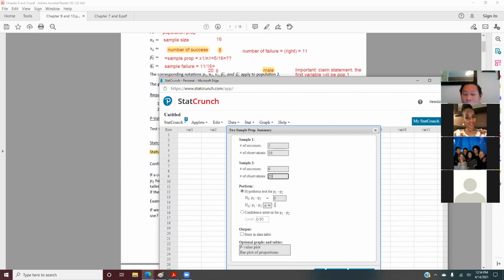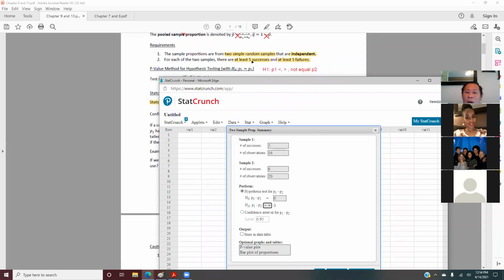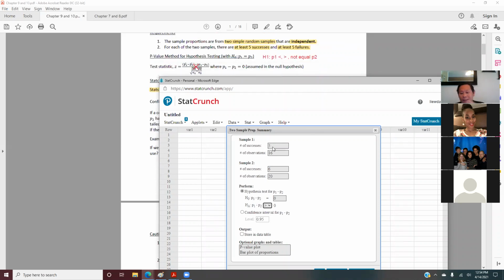We usually want to figure out if there are more female lefties, let's say. This one is the same as P1 equals P2. That's how StatCrunch writes it. They are the same, so don't worry. Either way is fine with me. Let's say my claim is more female lefties than male, so I will write P1 minus P2 is greater than, because of the word more.